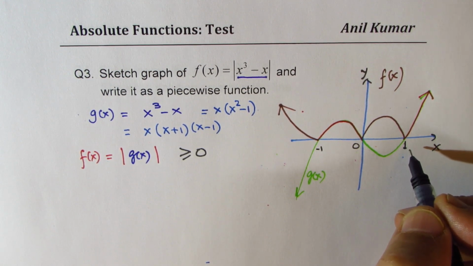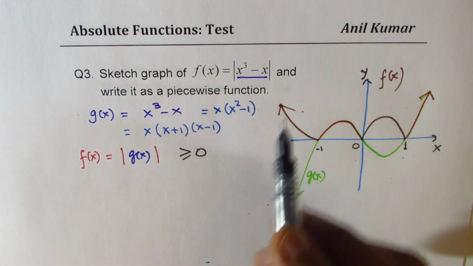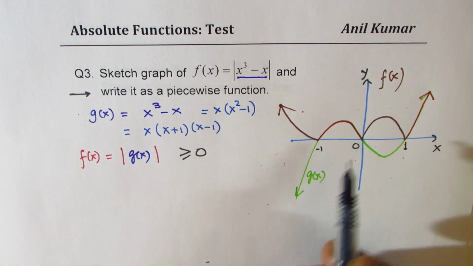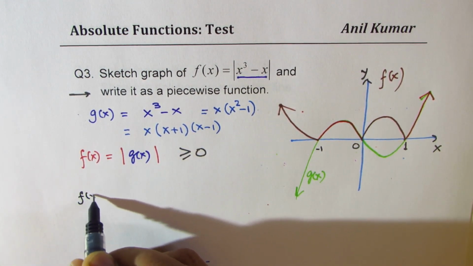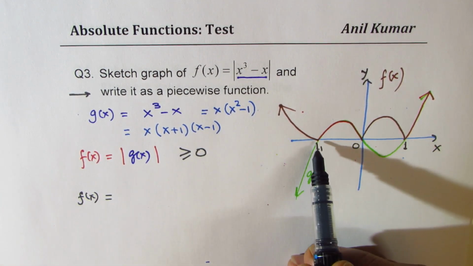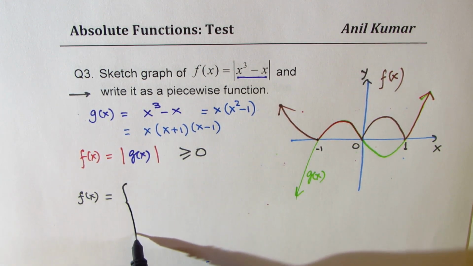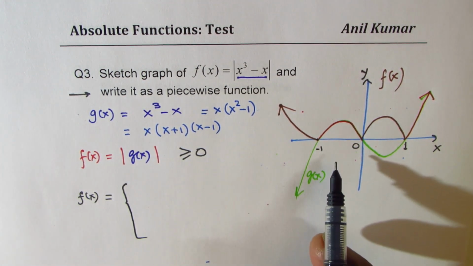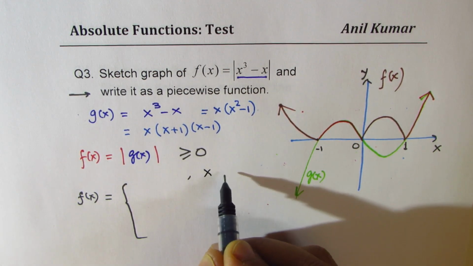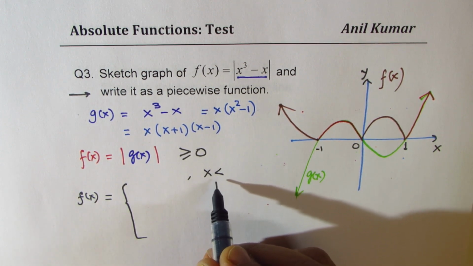Okay. Now, how do we write this as a piecewise function? That's the next part. As seen from here, we could write f of x as equal to, basically there are four pieces in this, right? Clearly, one piece is when x is less than minus 1. So with less than, we'll use just the less than sign.